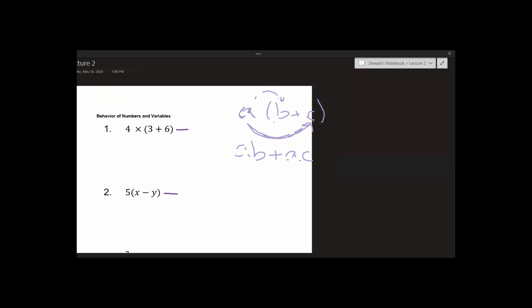It deals with one number outside of a quantity that's being multiplied to a quantity that has addition or subtraction.